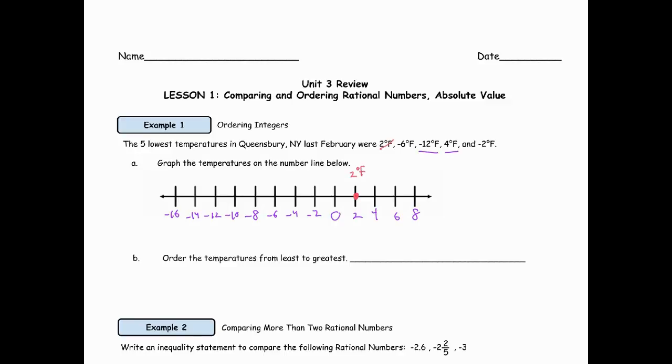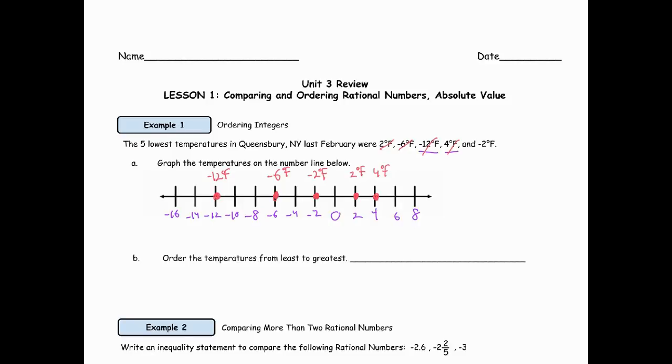I'm just going to cross that off because I finished that one. -6 degrees Fahrenheit would be to the left of 0. -12 degrees Fahrenheit, way over here to the left, even farther because it's even smaller than -6. +4 degrees Fahrenheit to the right of +2 because it's larger. And then finally -2 degrees Fahrenheit just to the left of 0 here. So we can see our points are labeled on the number line with the labels above, the scale below.